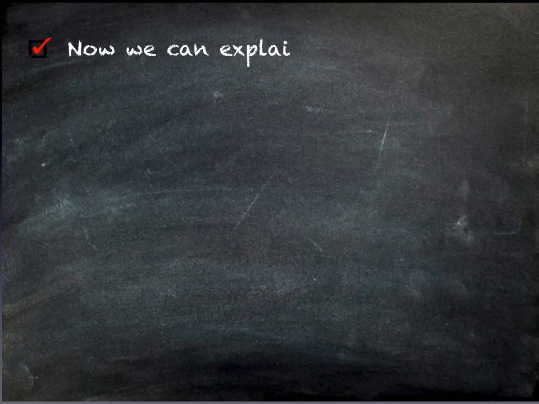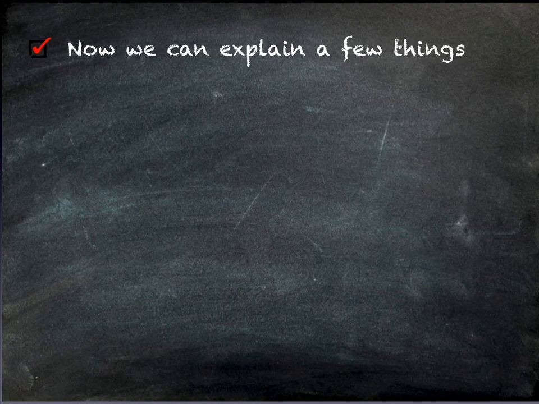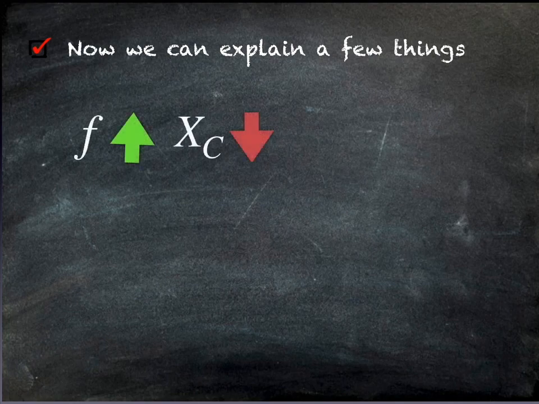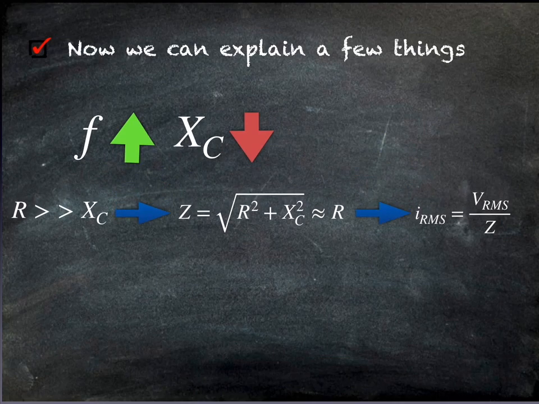In light of the previous findings, we can now explain some of the observations which we left lingering. Increasing the frequency decreases our reactive capacitance, which eventually makes the resistance the determining factor of the impedance. When R is much greater than X sub C, the impedance is essentially equal to the resistance. No matter how much we lower the reactive capacitance, in other words, increase the frequency, the current will always remain about the same.